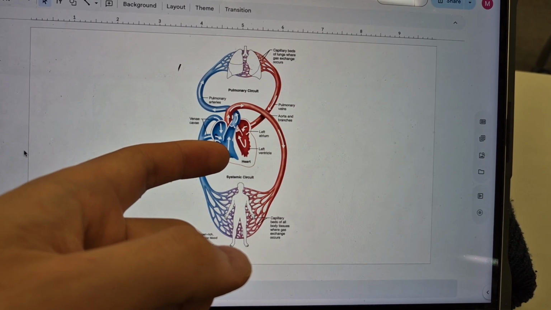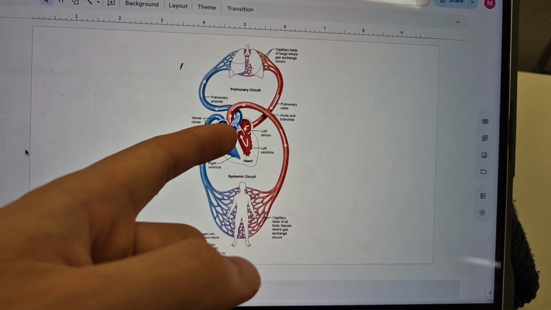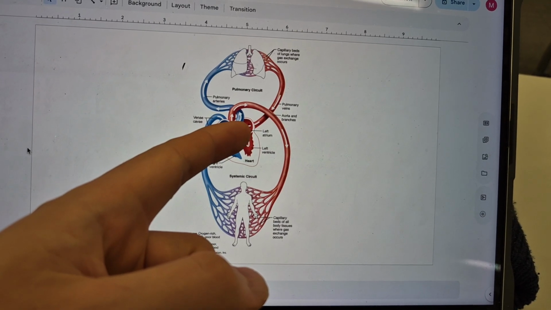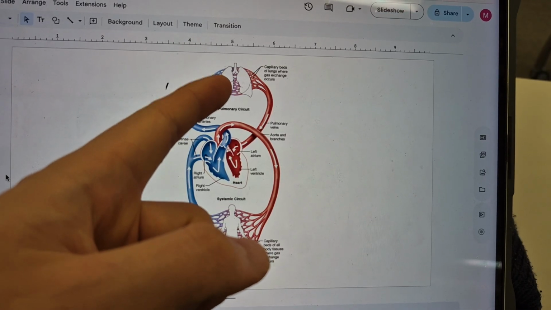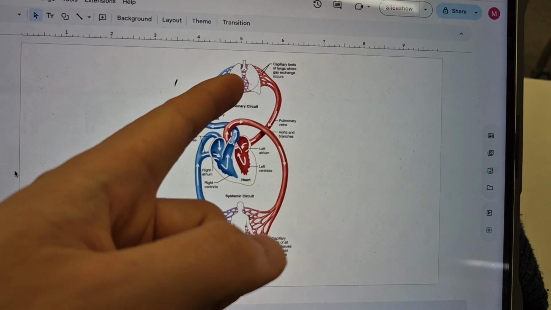Then it's going to pump from the right ventricle out the pulmonary artery, through the pulmonary trunk, through pulmonary arteries to the lungs. And this is where oxygen exchange will happen and the blood will now become oxygenated.